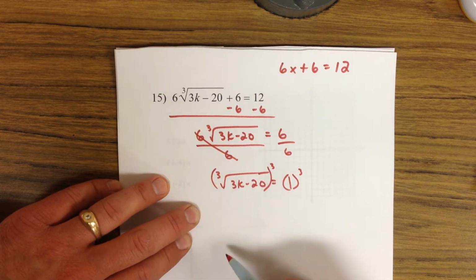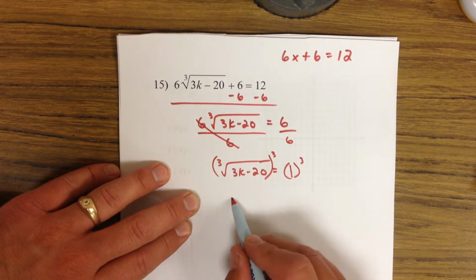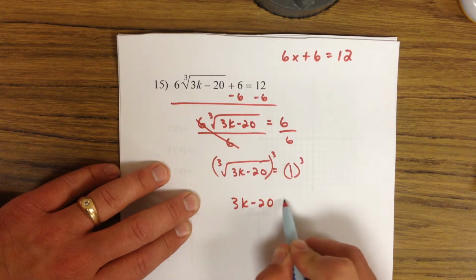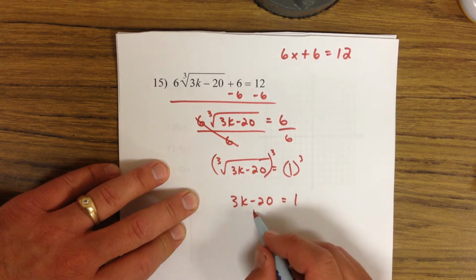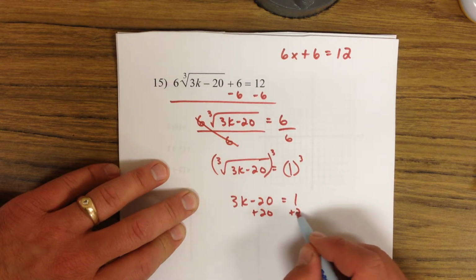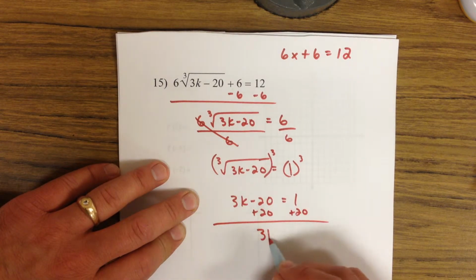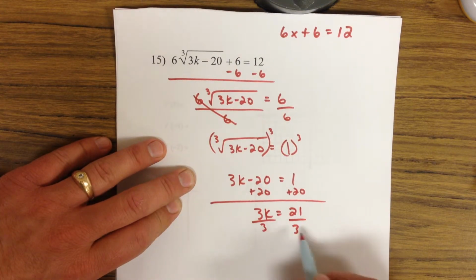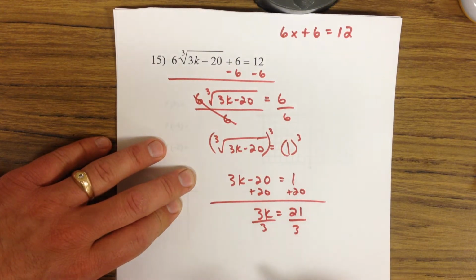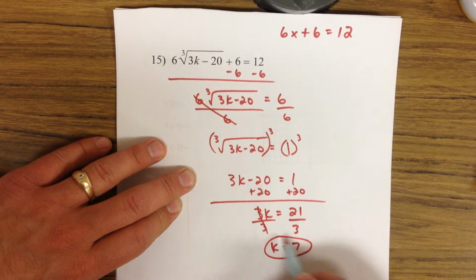So that's going to undo the cube root. And 1 cubed is 1. So now I just have to solve this. If I add 20 to both sides, I get 3k equals 21. Divide by 3, k equals 7.